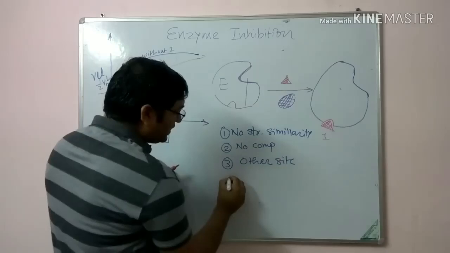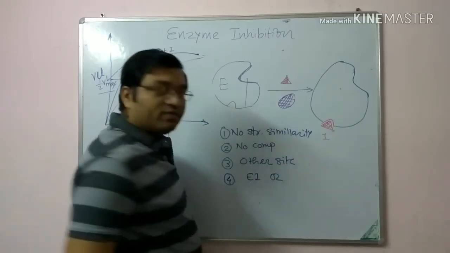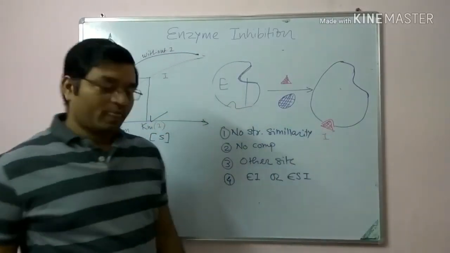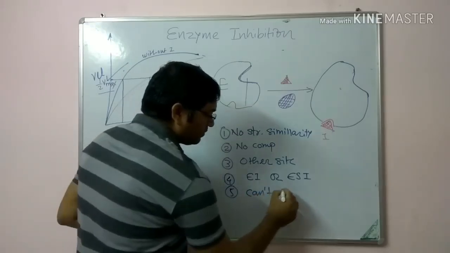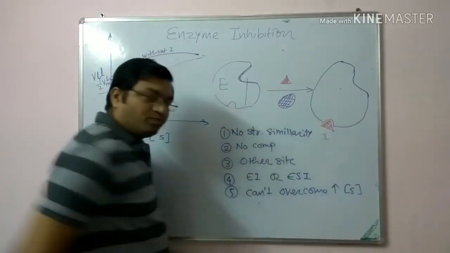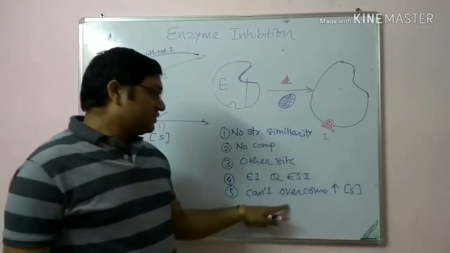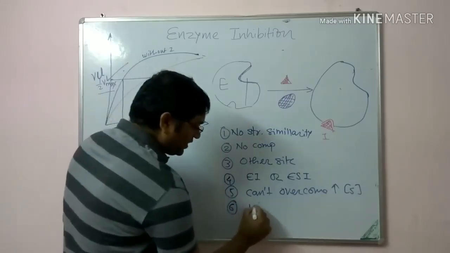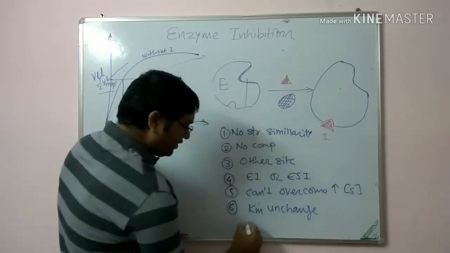In this type of inhibition, it either binds to the enzyme to form an enzyme inhibitor complex, or it binds with the enzyme substrate complex to form an enzyme substrate inhibitor complex. This type of inhibition cannot be overcome by increasing the substrate concentration, because the inhibitor binds to the enzyme and brings about the conformational change in the active site of the enzyme. In this type of reaction, the Km value remains unchanged. This is the MCQ part. And Vmax gets lowered.